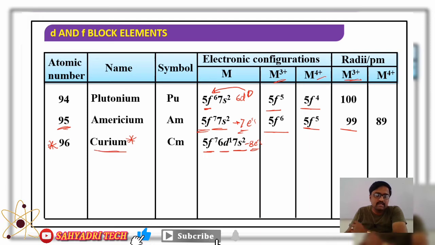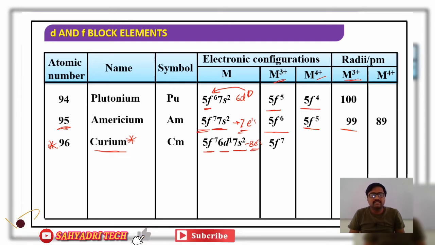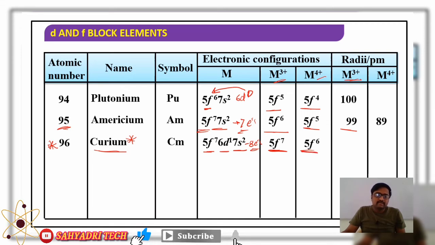Atomic number 96. In the elemental state the electronic configuration is 5f7 6d1 7s2. In +3 oxidation state, it will be 5f7 6d0 7s0. In +4 oxidation state it will be 5f6.